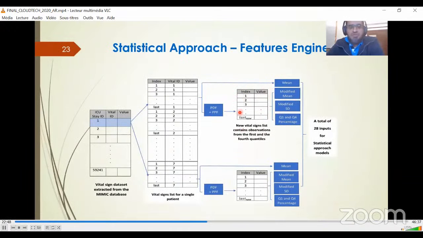After that, we come up with the new sample. In the new sample, we calculate the mean, the standard deviation, and we count how many observations we have in the first and the fourth quantiles. So for each vital sign, we now have 4 inputs, 4 features, and since we have 7 vital signs, in total we will have 28 inputs for statistical approximation.